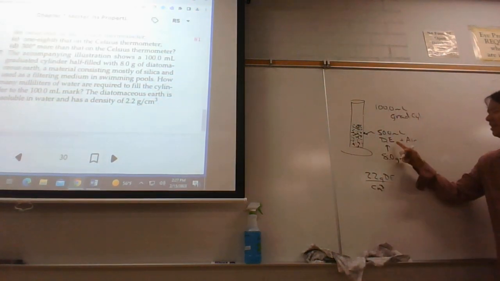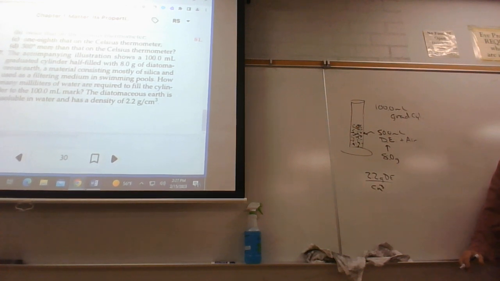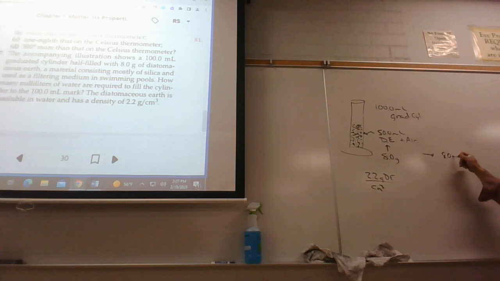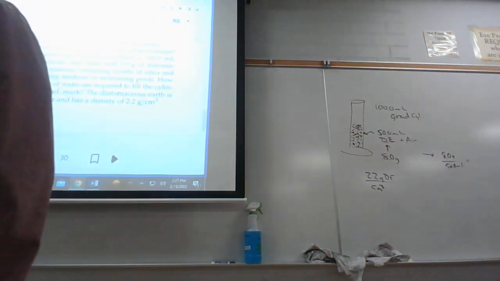Well, we have the volume here and the mass. If we look at the volume and the mass here, we have 8.0 grams divided by 50.0 milliliters. That gives us a density of what?